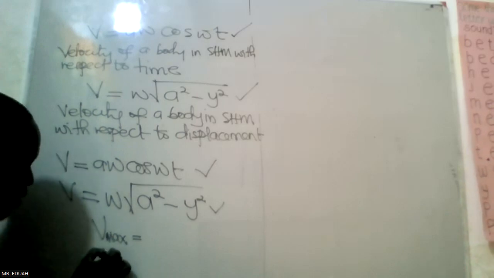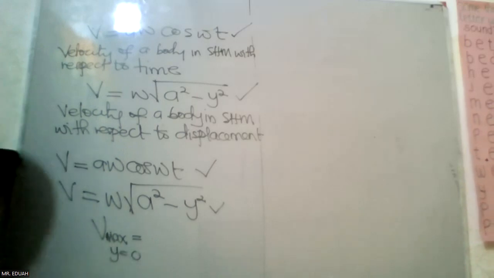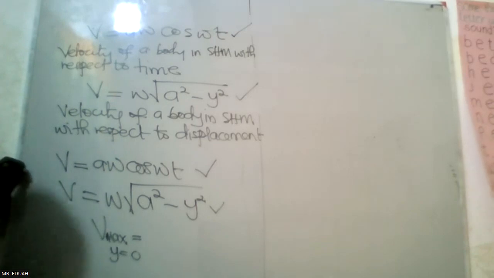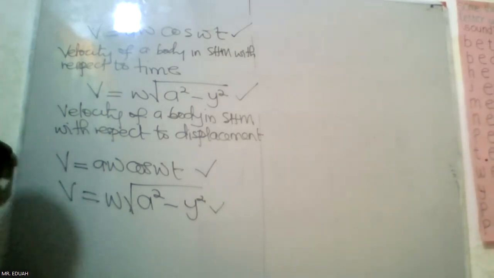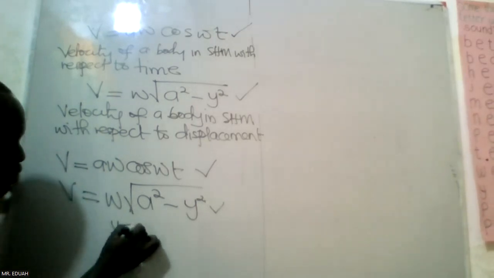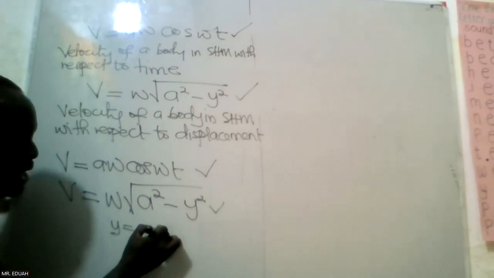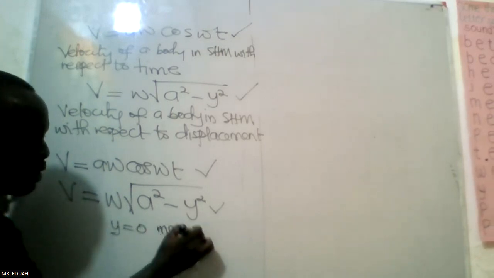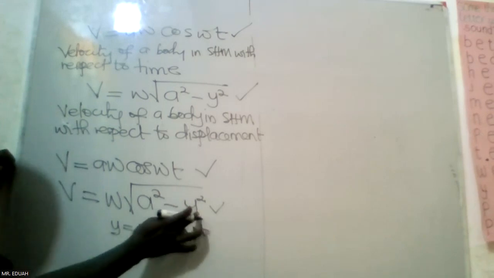So if y is equal to 0, meaning we are at the mean point or the equilibrium position, and you substitute, this is how we got it.